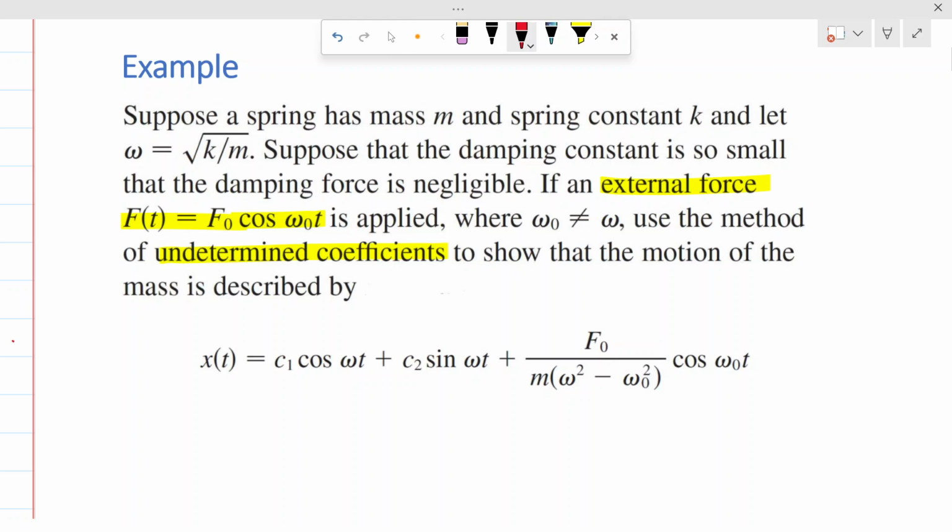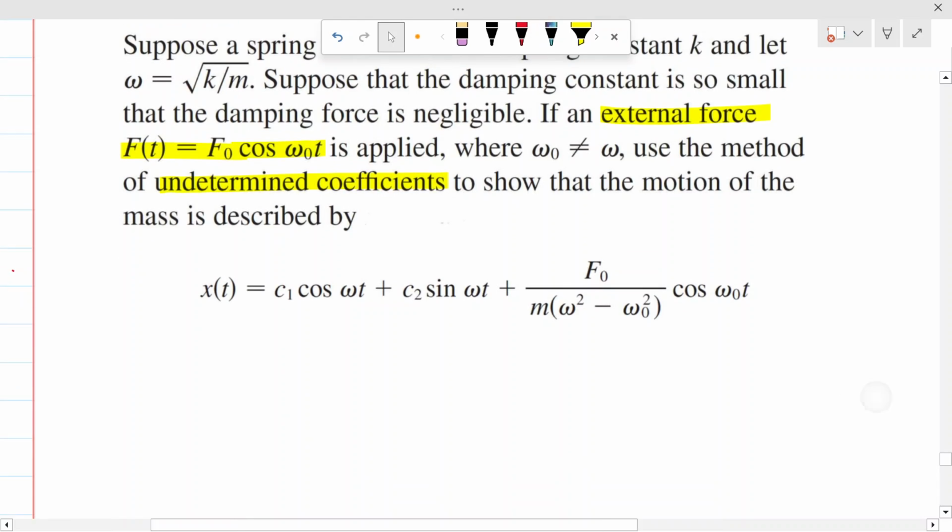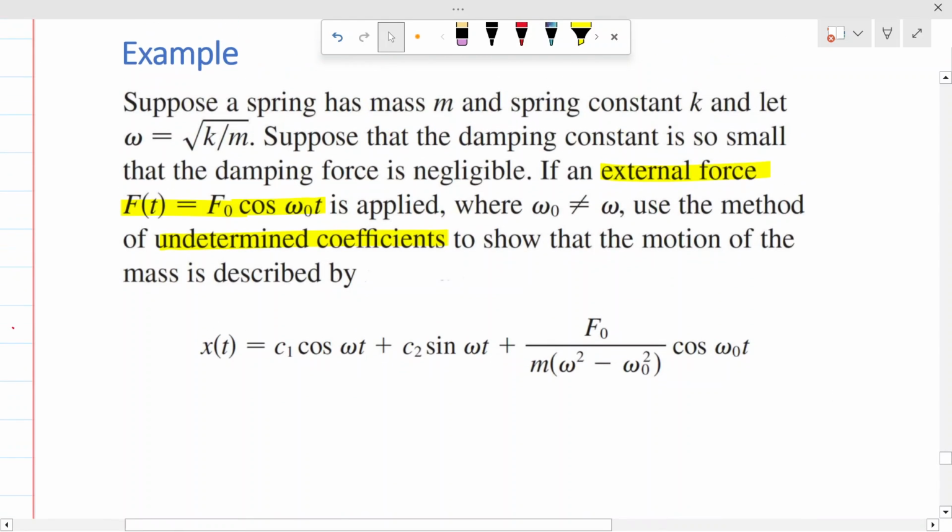To solve this problem, we start by writing the general differential equation that we talked about in the previous videos. Please refer to that video if you are not familiar with it. Overall, the net force acting on the mass is the mass times acceleration, which is d square y dt square. We will use y this time.